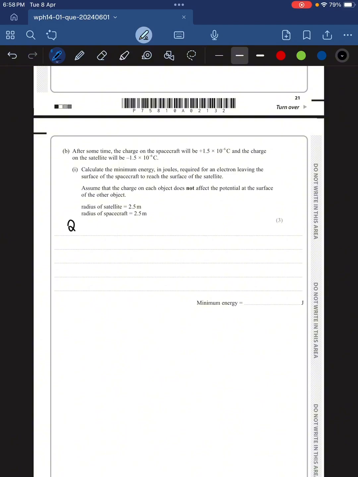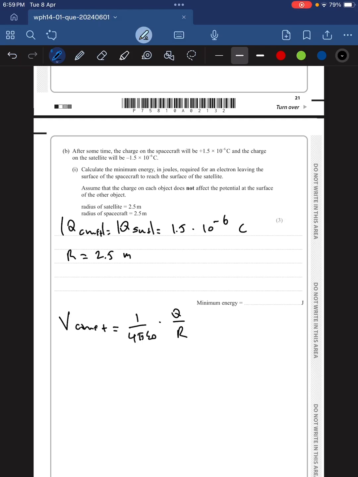So we're given that Q of the spacecraft is equal to Q of the satellite, actually the absolute value is the same, because they are opposite charges, and the radius is 2.5 meters. So the potential of the craft is 1/4πε0 times the charge over the radius, which is 5,400 volts if we do this calculation.